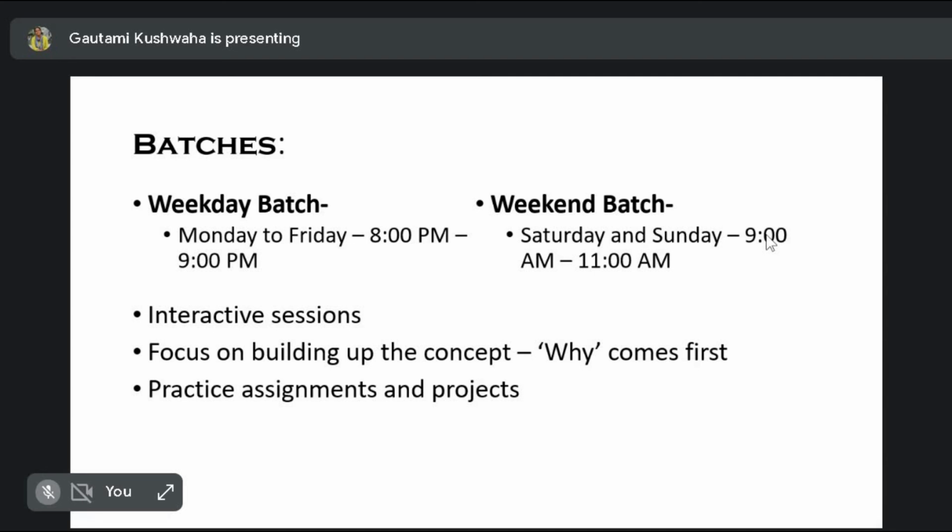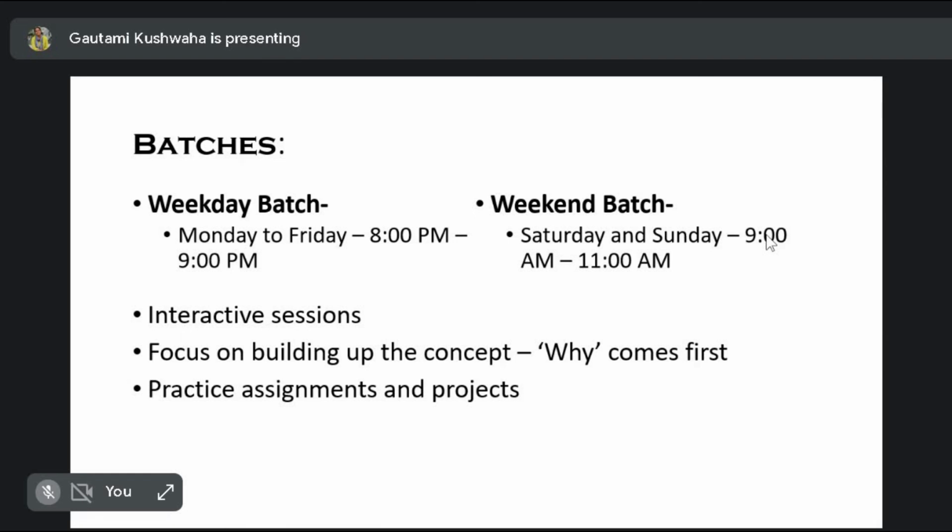Another thing is that we focus a lot on concept. So we know that we are going to discuss two softwares, QGIS and ArcGIS. So our basic is going to be on both the softwares, ArcGIS and QGIS, and advanced is going to be on ArcGIS. But regardless of whatever software we discuss, we focus a lot on the concept of why we are performing that analysis, or why we are using that particular tool only.